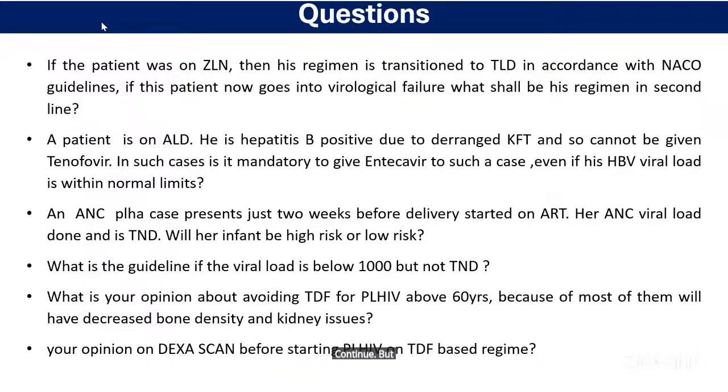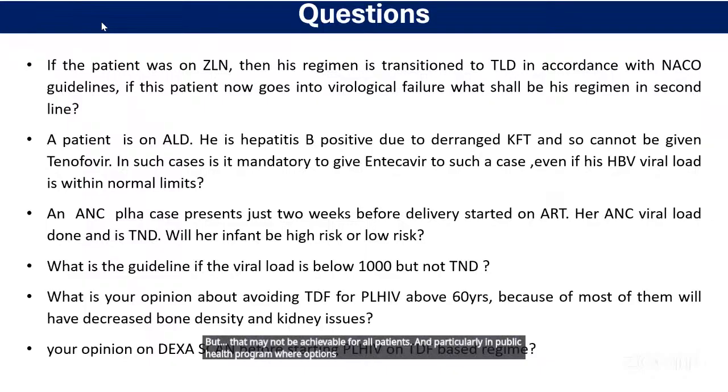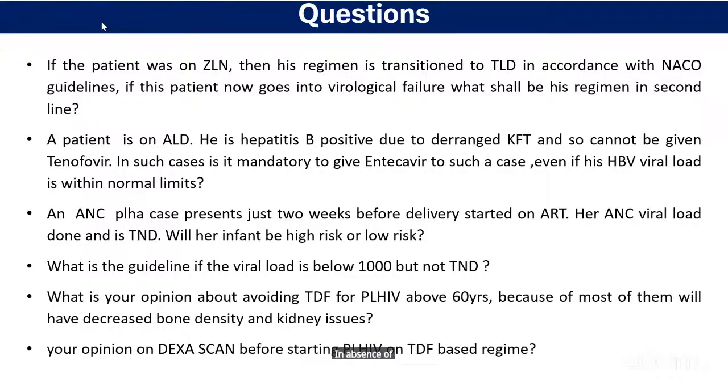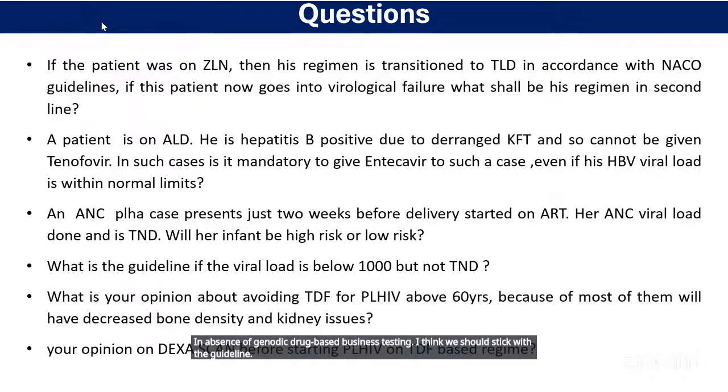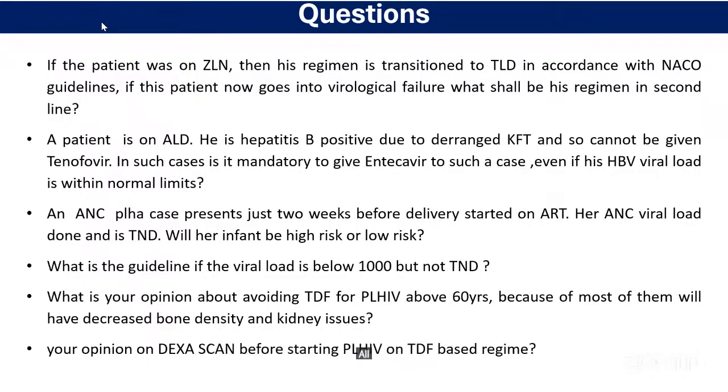But definitely TND is a much better target, but that may not be achievable for all patients, particularly in a public health program where options are limited in absence of genotypic drug resistance testing. I think we should stick with the guideline of 1,000 till WHO and NACO decide on that.